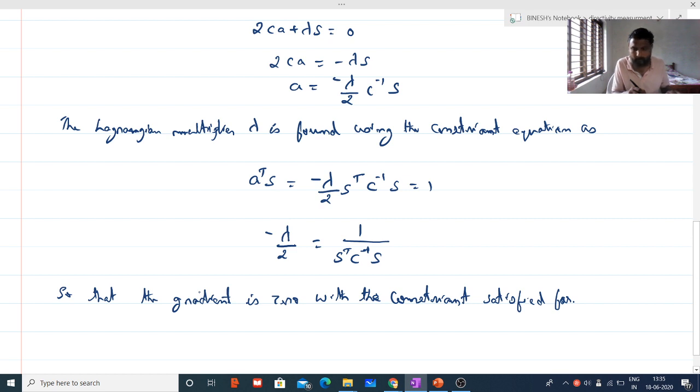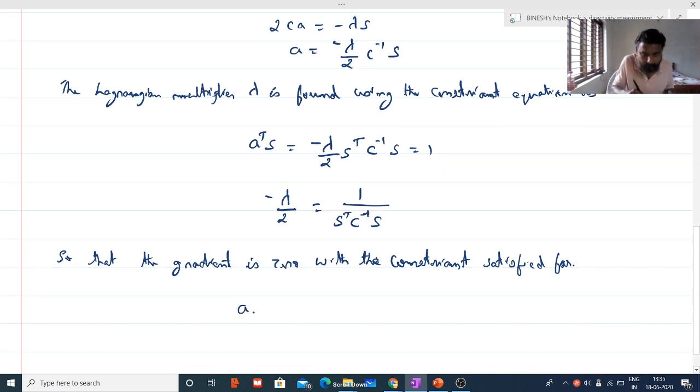You will get A optimum, that is C inverse S, because lambda by 2 you already know: minus lambda by 2 is nothing but 1 by S transpose C inverse into S. A is nothing but minus lambda by 2 C inverse into S, since 2CA is equal to minus lambda S. So minus lambda by 2 you calculate, that's nothing but 1 by S transpose C inverse S. I will call this equation star. You just verify the equation star.